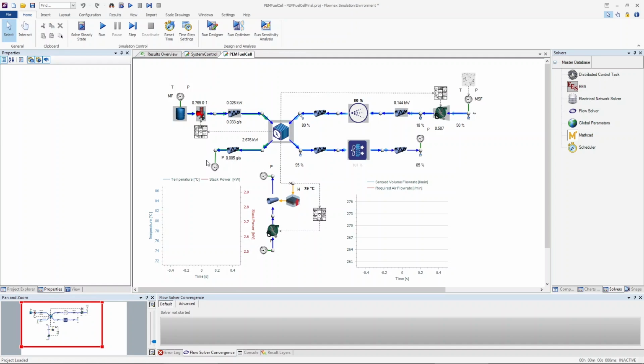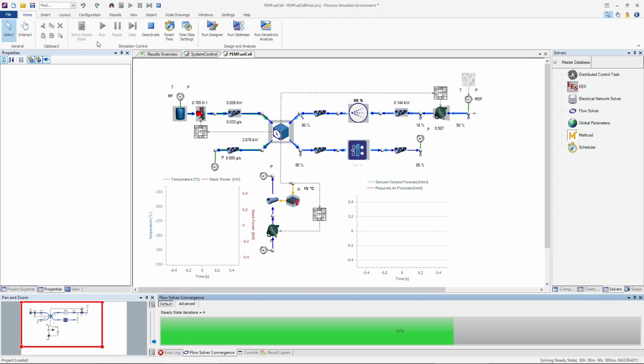During this chemical reaction we also have a generation of heat, as we spoke about earlier, and here we can see the implementation of the thermal management system for this PEM fuel cell. So we can solve this steady state, and essentially we will get the required solutions for the input parameters.